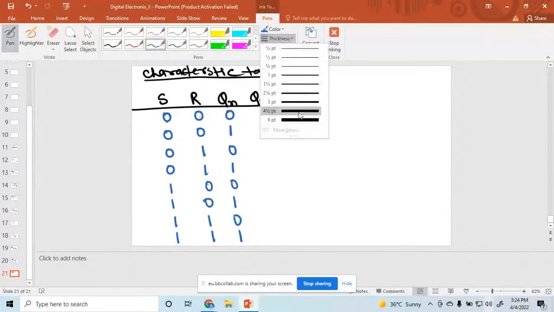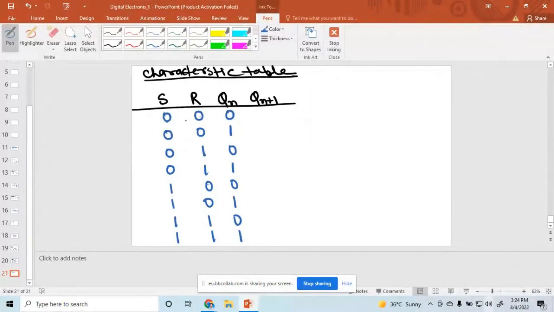When S and R are 0 0, output is Qn. So when Qn is 0, the value is 0, and when Qn is 1, its value is 1. So you can complete it like this.